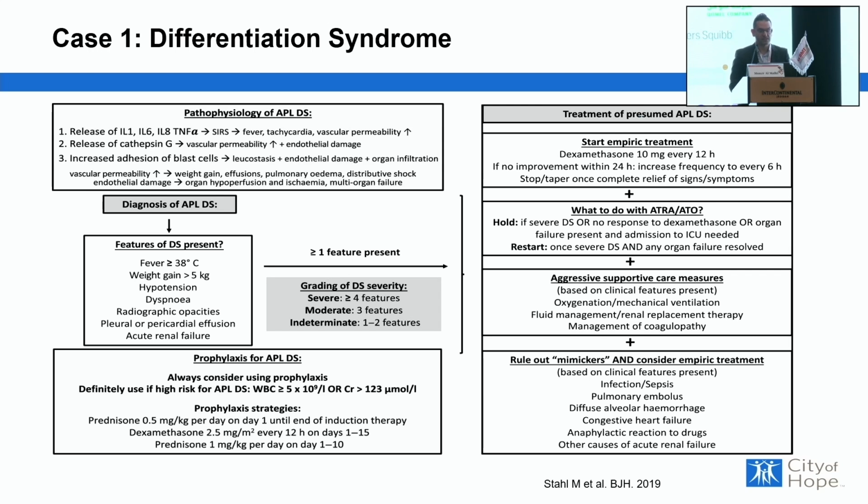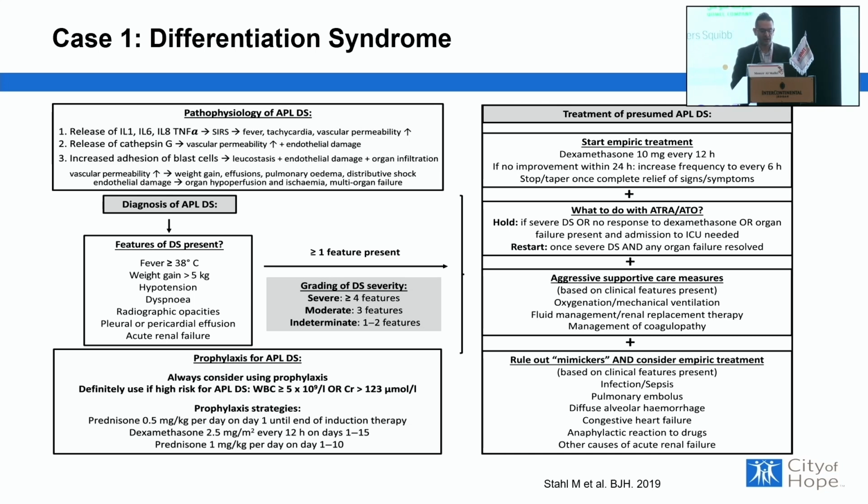This is differentiation syndrome. The pathophysiology we are all aware of is related to excess release of IL-2, IL-6, IL-8, and TNF. This all together will cause fever and increase in permeability, producing all those signs and symptoms.